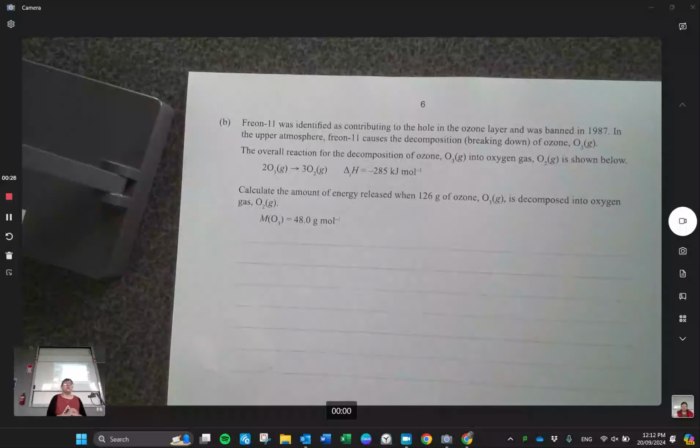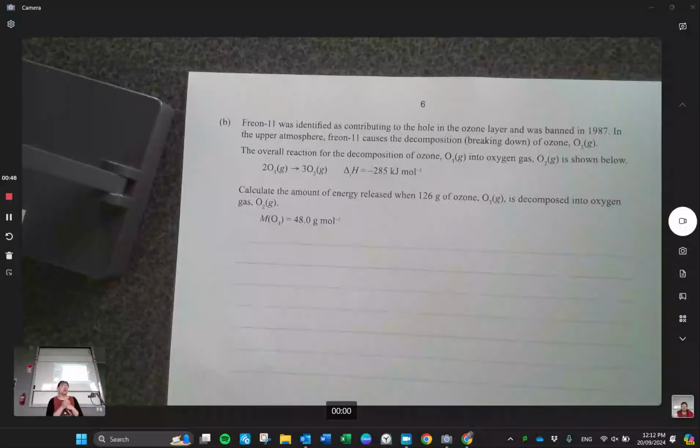Something to keep in mind with this enthalpy calculation is that it's the same ideas, just working in different orders. So when you're doing your enthalpy calculations, we are trying to figure out energy, either energy released or absorbed, and potentially we're trying to figure out mass. So the way I like to describe these is you're going from mass to energy, or you're going from energy to mass.